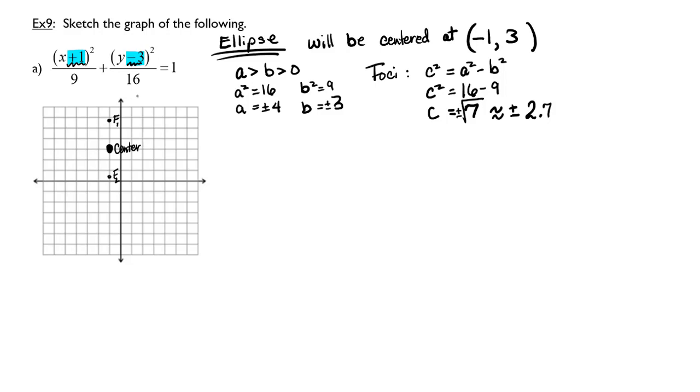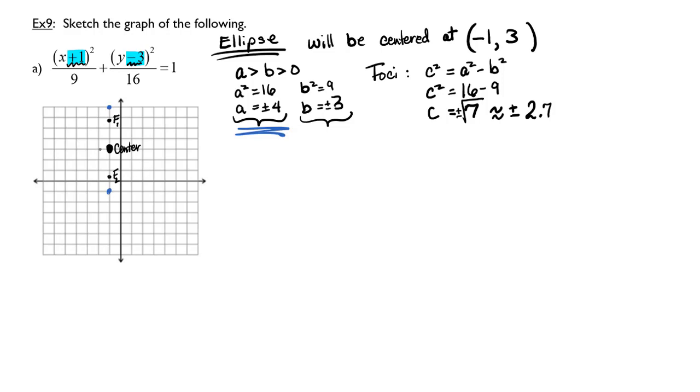And now I just need to figure out how tall this ellipse is going to be. I have an a that is plus or minus 4 and a b that is plus or minus 3. So I can count up from the center 4. So that will give me 3 plus 4 is 7, and 3 minus 4, which is negative 1.